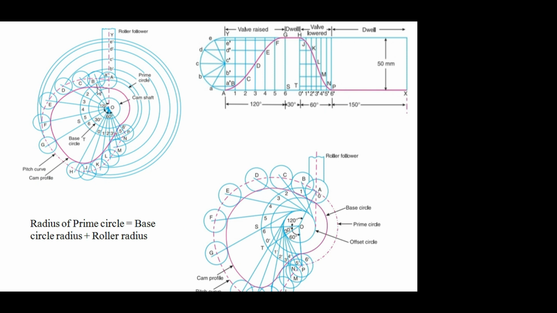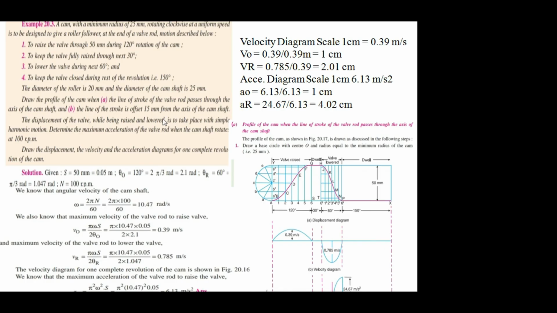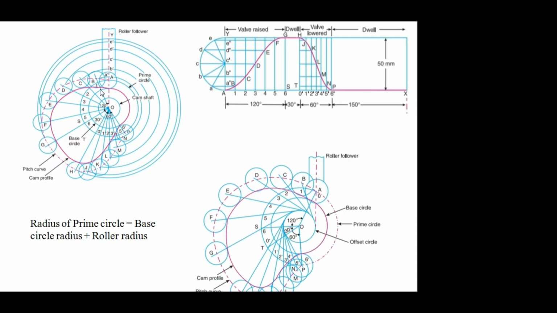So the base circle diameter of the cam is given here. The minimum radius of cam is also called the base circle radius of cam. It is given as 25 mm. By taking 25 mm as a radius, draw the base circle of cam.